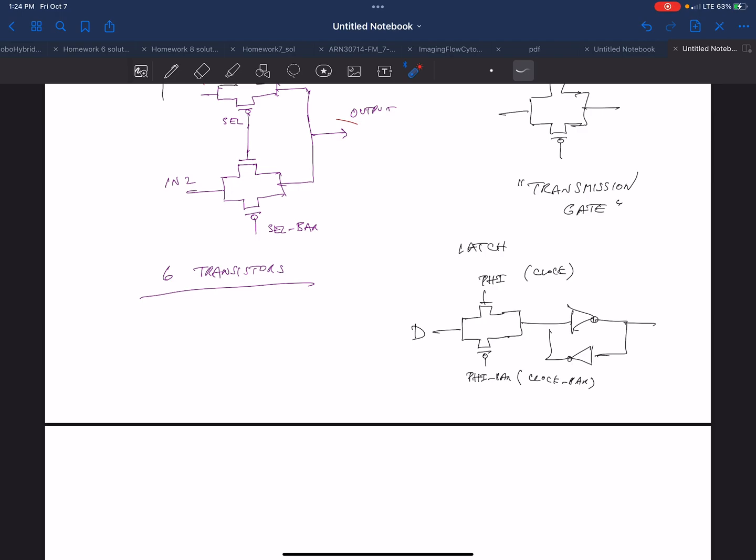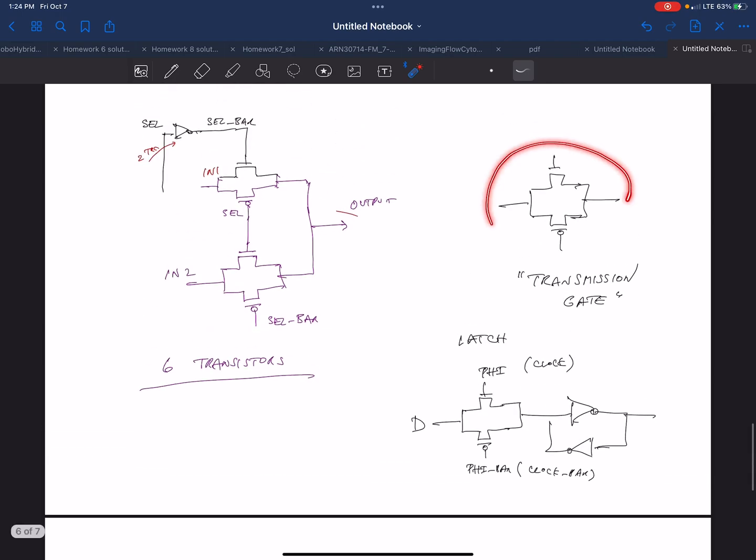Okay? So this transmission gate does not follow any of the rules of CMOS combinational logic, right? Neither one of these guys is hooked up to ground or VDD. Both ends are hooked up to ins and outs, right? So there's no pull-up network, no pull-down network, and they're both on potentially at the same time.